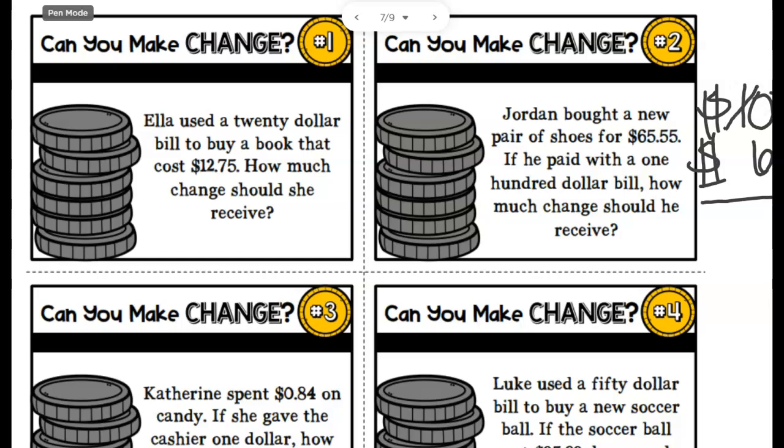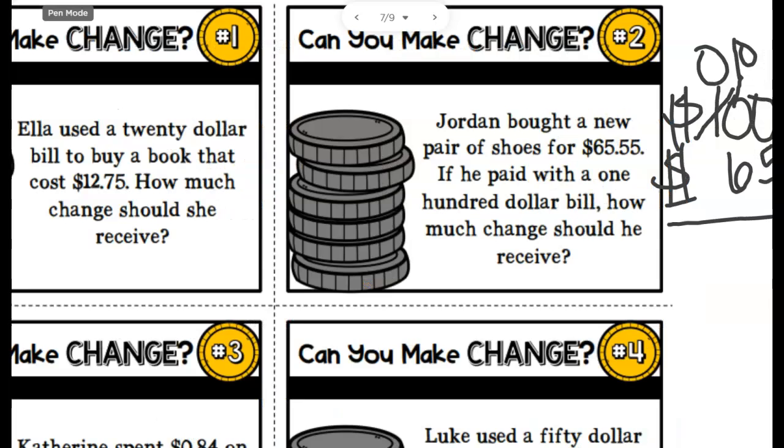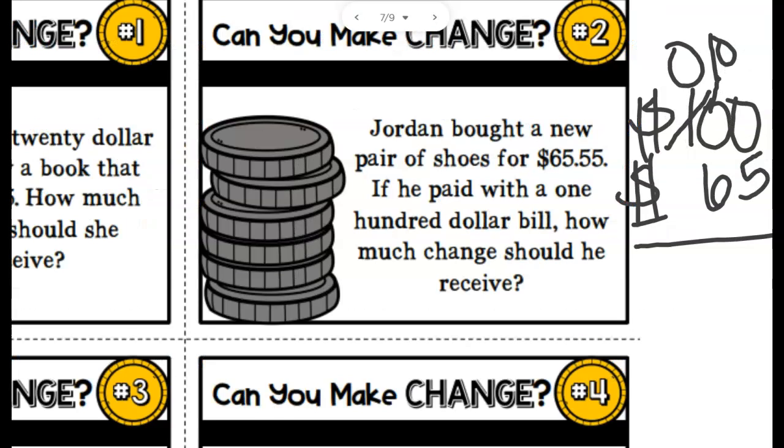I have to go all the way over to the hundreds place. 1 less than 1 is 0. Add 10. Zoom in so I can get all my numbers in there. My 10 turns into a 9, and I add 10 more here.